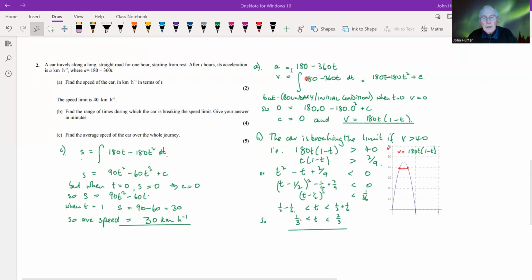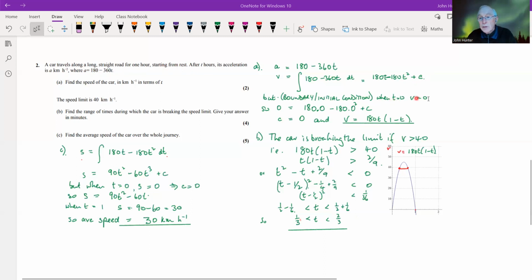We've got acceleration equals that. So the velocity is equal to the integral of 180 minus 360t with respect to t, giving us this expression with our constant of integration c. And we're told that it starts from rest.